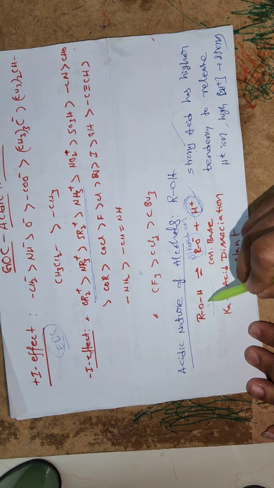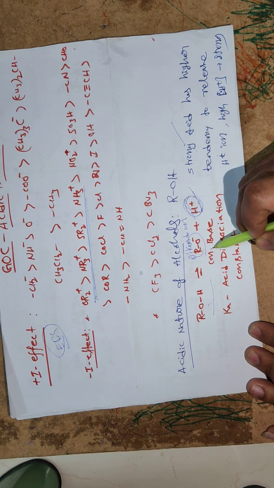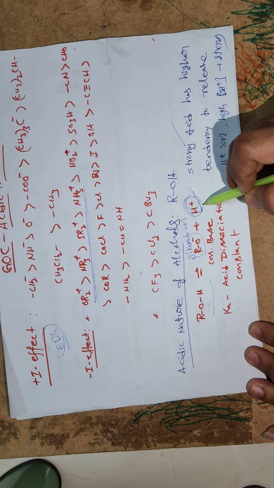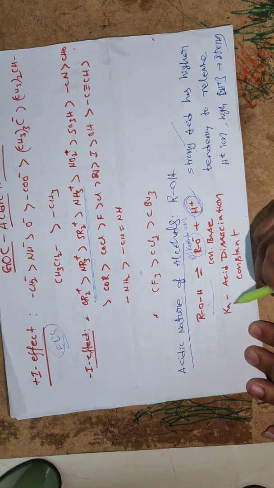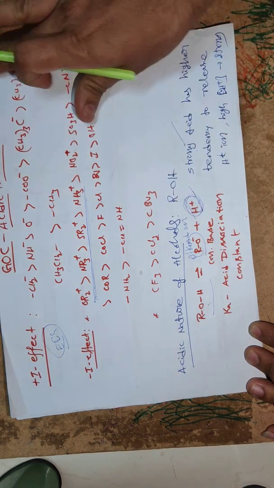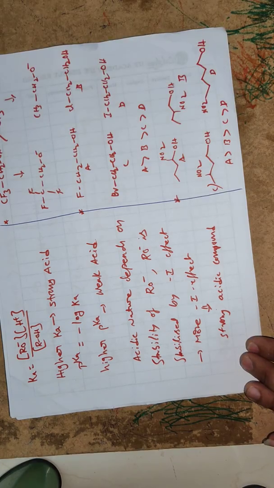Now suppose this alcohol is dissociated into the alkoxide ion, which is the conjugate base, and produces H plus ions. For this reaction we have Ka, the acid dissociation constant. You might have studied this in the equilibrium topic, that is chemical and ionic equilibrium.